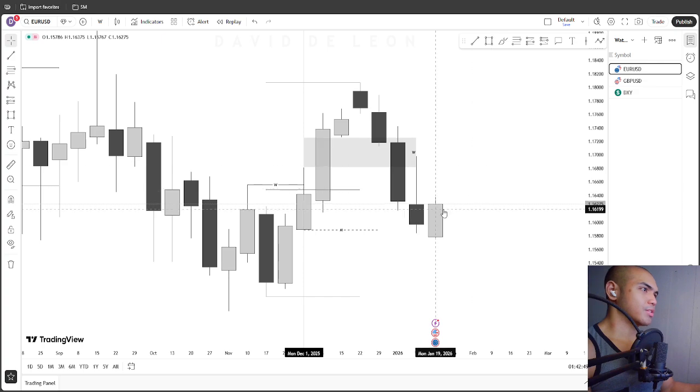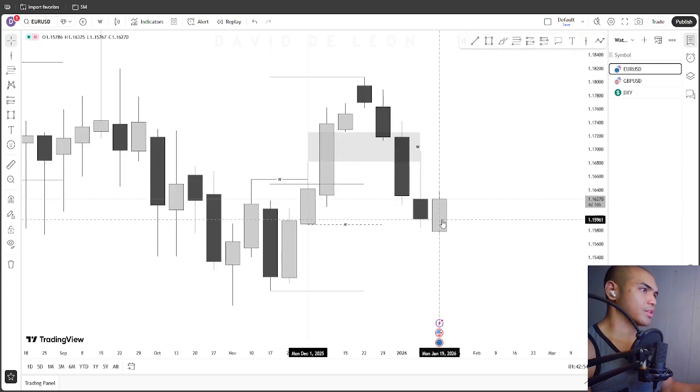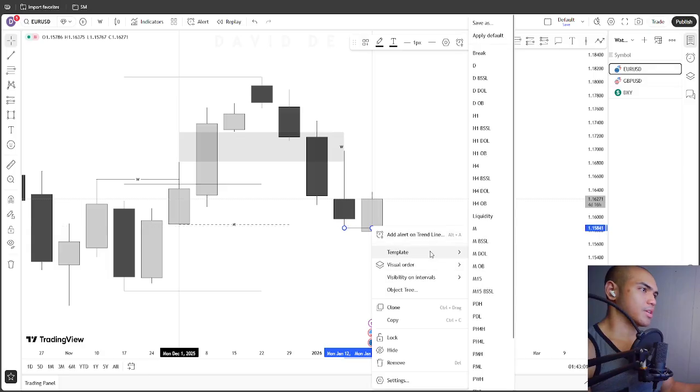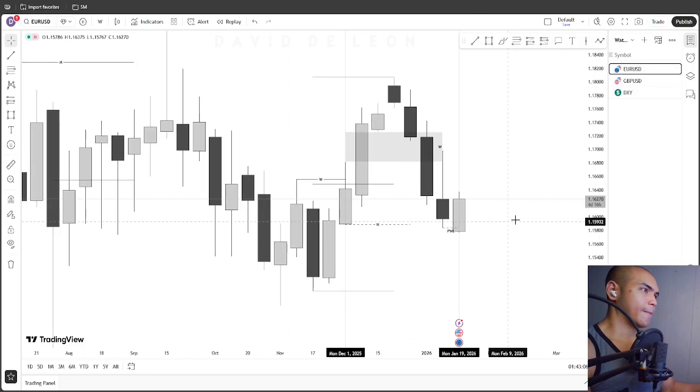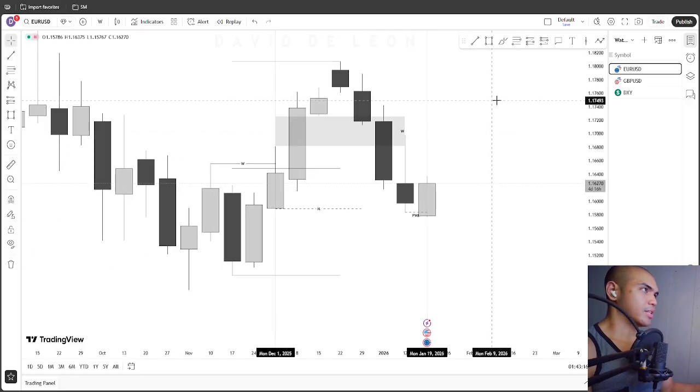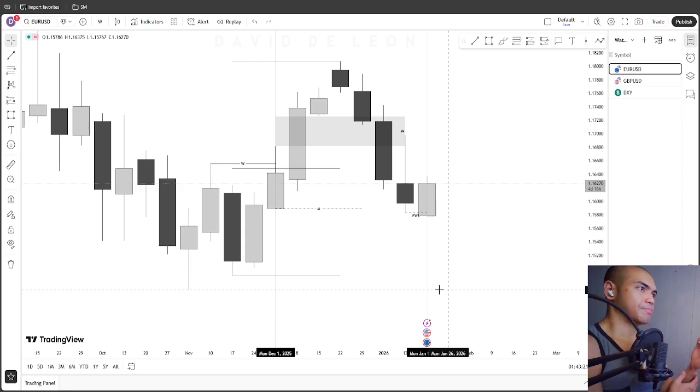So we could still go further lower. We can still expect to see further lower. The price is currently sweeping this previous week level. But today is just Monday, and a lot of price action could happen in the next days, especially Wednesday, Thursday, Friday.